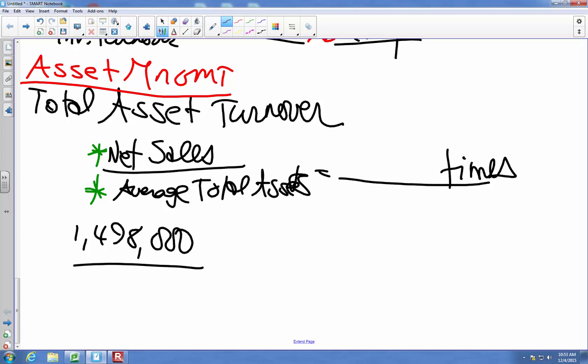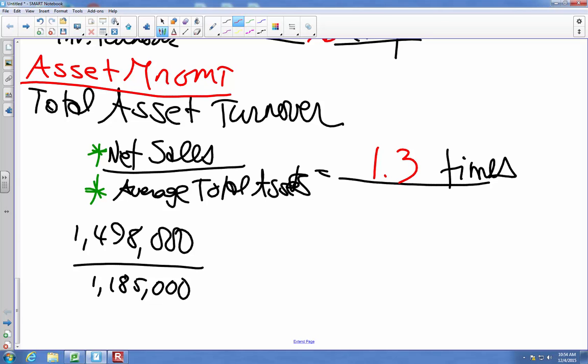And what did you get for average total assets? So how many times? I think we decided we're just going to go to about 1 decimal point. So you added the total assets together and divided by 2. Everybody get 1.185? Let's see.